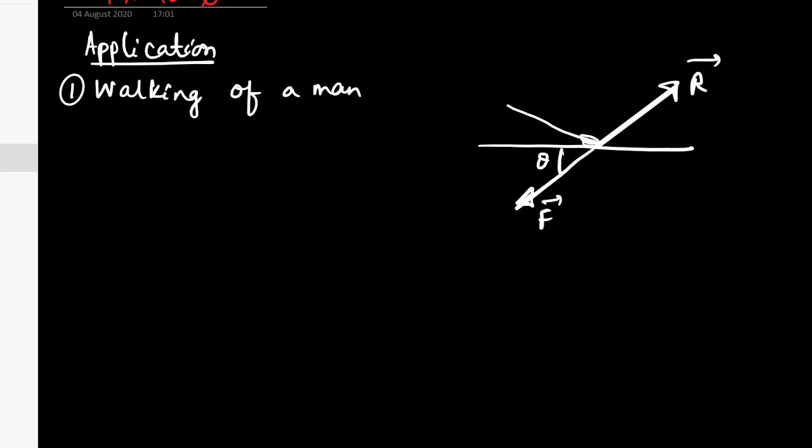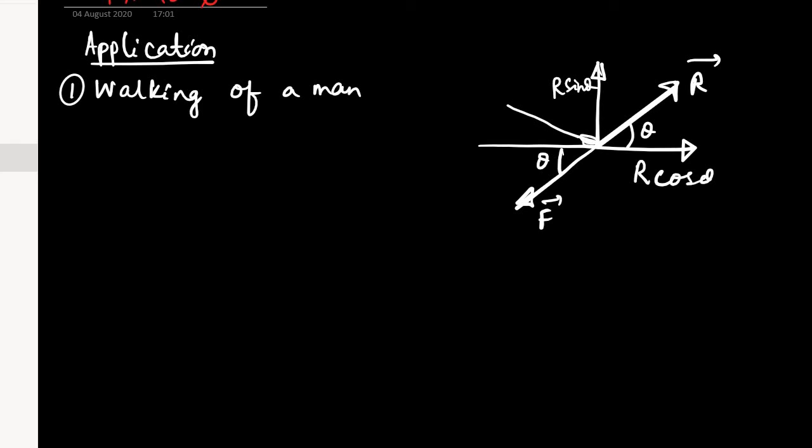I can resolve it into two components. This would be the x-axis component, R cos theta, and this would be the normal component, R sin theta. So walking of a man is also an example of resolution of forces.